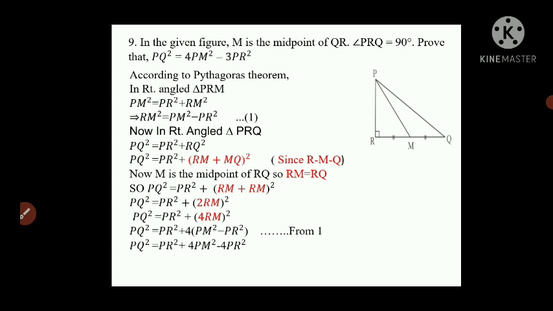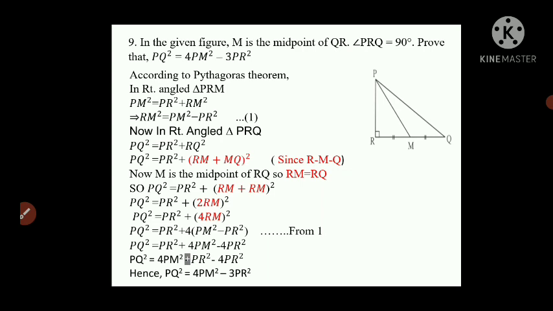Now you can see here like terms, PR square and 4 PR square are like terms. So PQ square remains the same on the left hand side. 4 PM square I am keeping as it is. Now this will come: 4 PM square plus PR square, not minus, plus PR square minus 4 PR square.